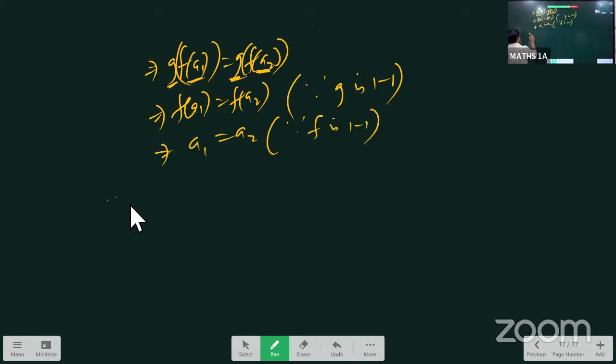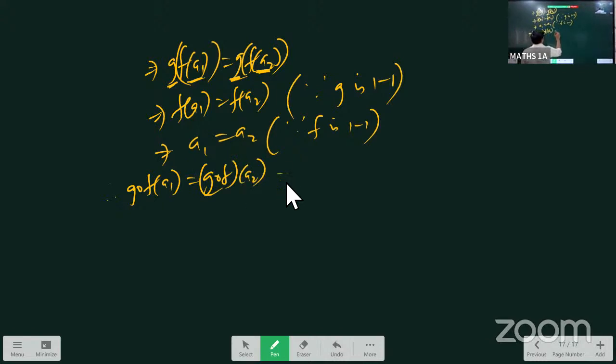So therefore, G circle F of A1 equal to G circle F of A2 implies A1 equal to A2. I showed it, we didn't write directly. We proved it.